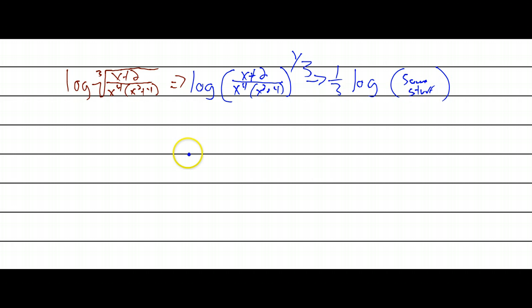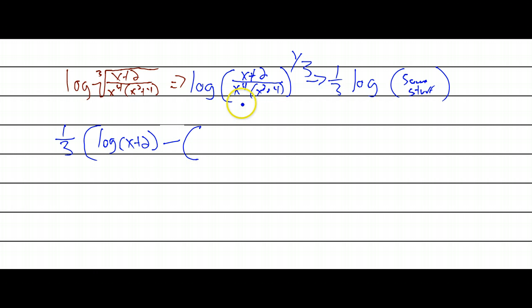Alright, so now we know what we have to do here. We have a division and a multiplication. When you divide, you subtract. When you multiply, you add. Alright, so we have 1/3 of log of x plus 2, and then divided by, minus, my fault, minus, so write parentheses.